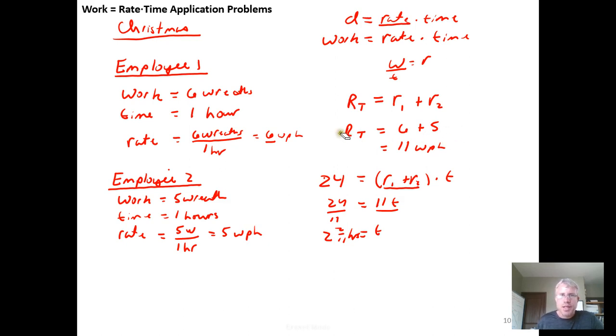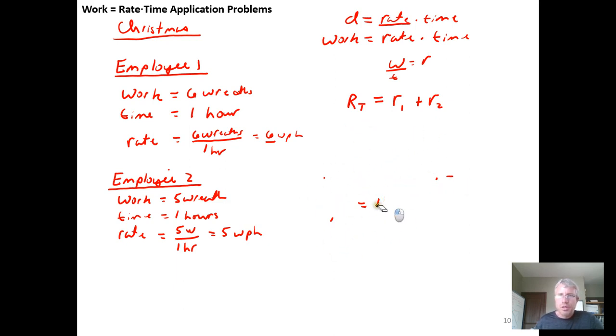What we could do is say, if I want to know how long it takes them to get 24 rees done, what I could do is I could set up the rate together. I could say the rate together, which has to equal work that gets done.